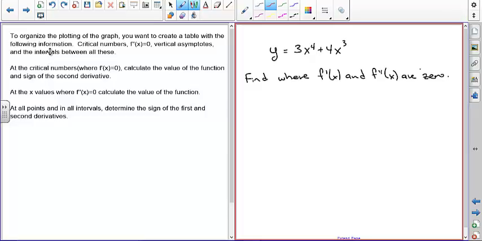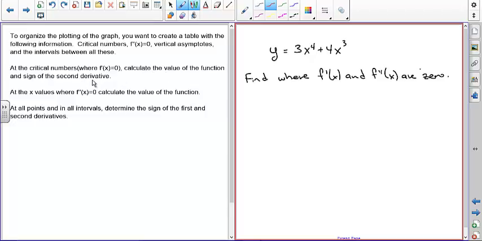To organize the plotting of the graph, you want to create a table with the following information: critical numbers, where the second derivative equals 0, actually where both of these are also undefined, the vertical asymptotes, and the intervals between all these. Add the critical numbers, calculate the value of the function and the sign of the second derivative.